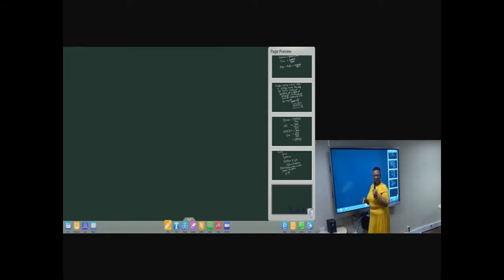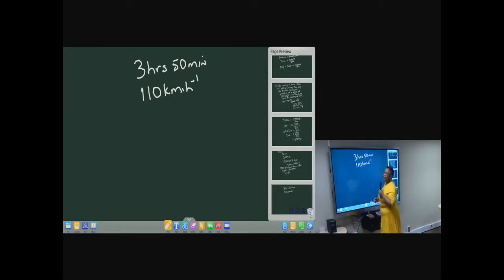In this case, sometimes you can be asked a question where now they are saying you take 3 hours, 50 minutes, traveling at a speed of 110 kilometers per hour.